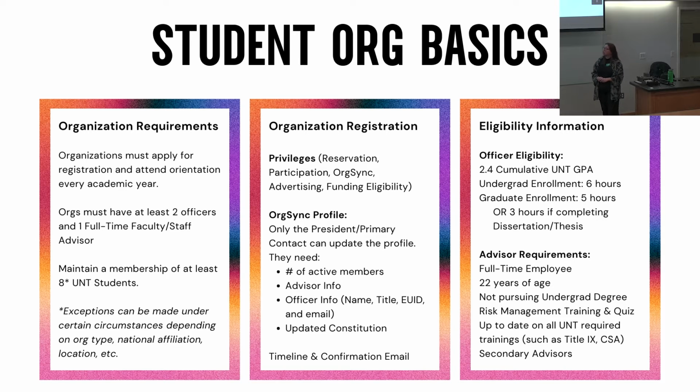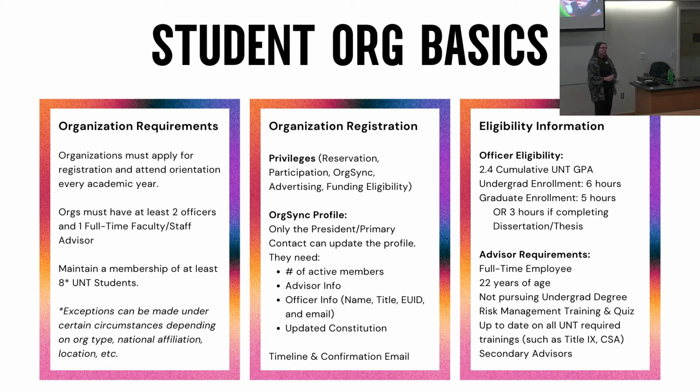Next, if they are an undergraduate student, they must be enrolled in a minimum of 6 undergraduate credit hours. And then if they are a graduate student pursuing either a master's degree or a doctoral degree, they must be enrolled in at least 5 hours. Or if they are actively completing their dissertation or thesis, that is only a 3 credit hour requirement. And so if they're doing those, they have a little bit less hours that they have to take for our office.